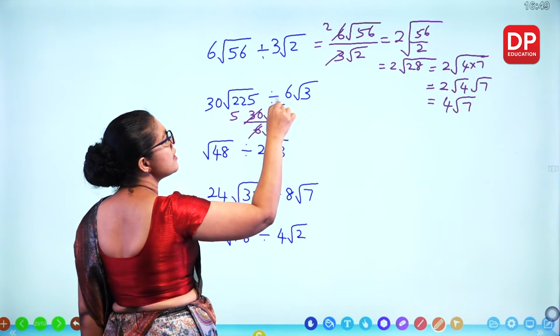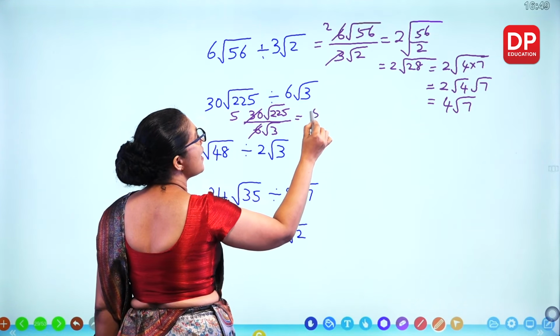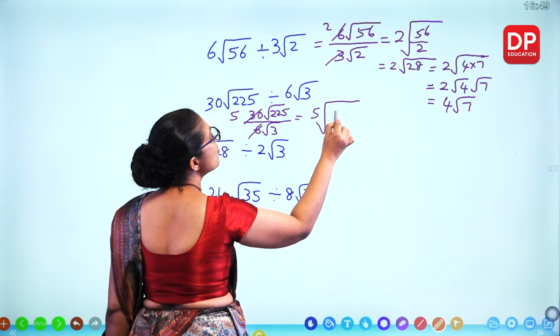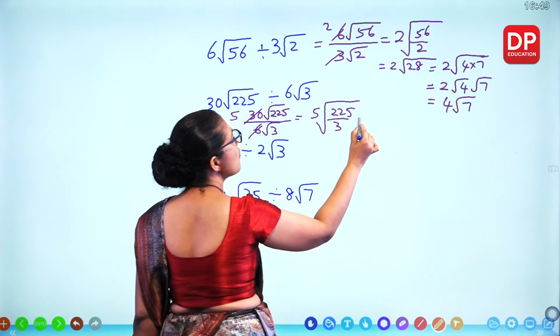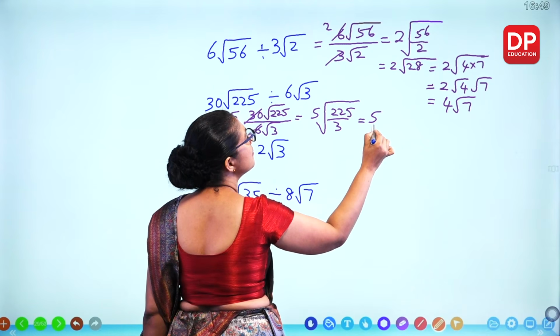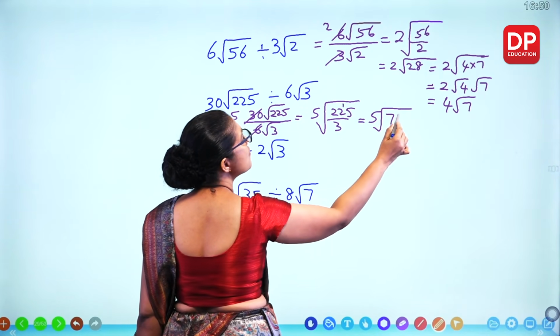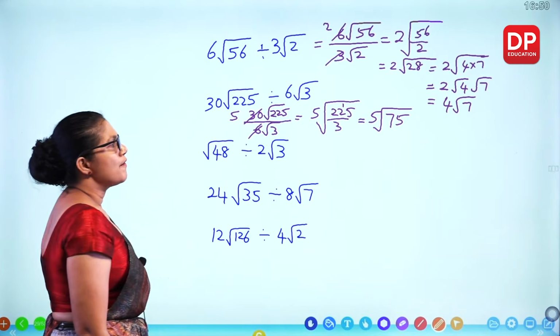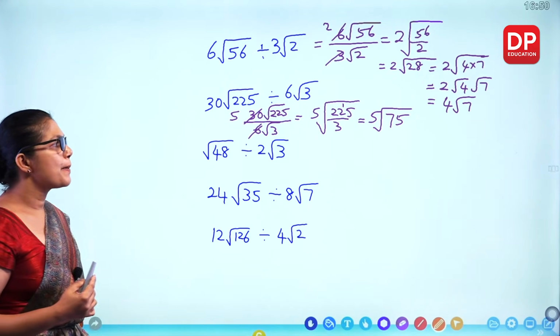Then do this one separately. So I get 5 square root of 225 over 3. So what is 225 over 3? I get square root of 75. So what is 75 as a square number?